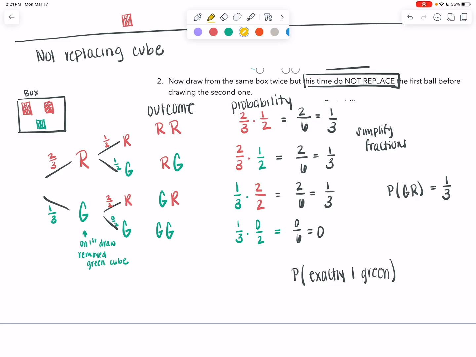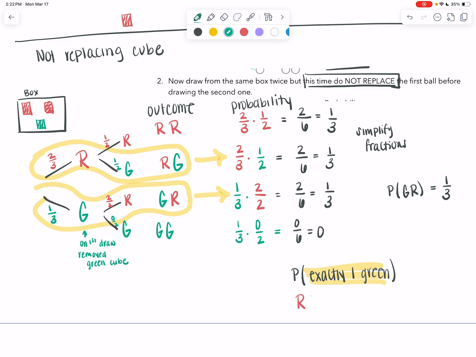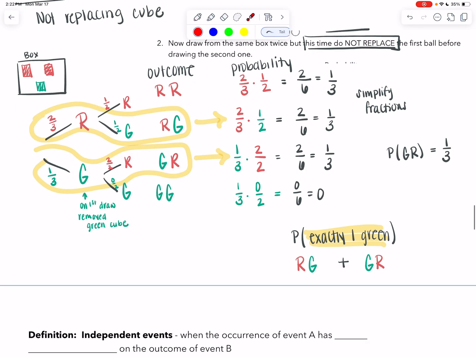Exactly one green is going to be this scenario, or that scenario. So exactly one green would be the probability of red, green, plus green, red. Those are the two ways to get just exactly one green. And I have those two probabilities, 1/3 plus 1/3.